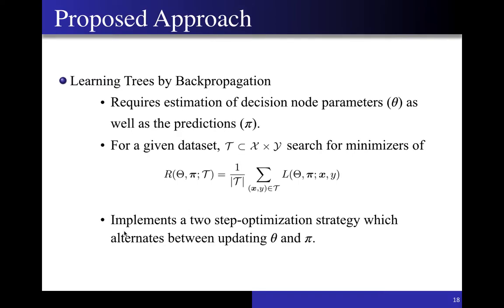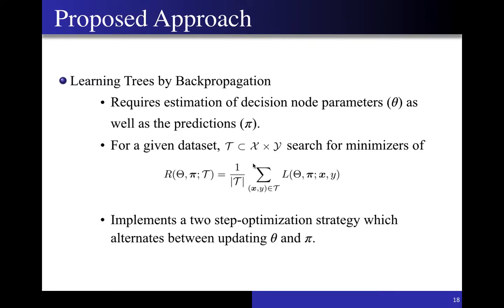The authors also implemented a two-step optimization strategy which alternates between updating theta and pi. This is because the parameters that need to be learned are theta and pi. If pi is known and fixed, we can train the model like a normal neural network model, simply using backpropagation. But that's not the case.